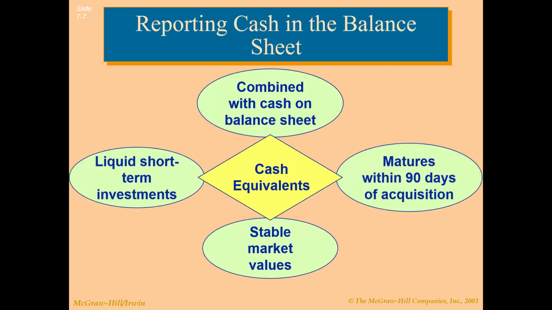The other thing mentioned in the balance sheet under current assets is cash equivalents. These are very liquid short-term investments, and their values are very stable, usually with maturity within 90 days.